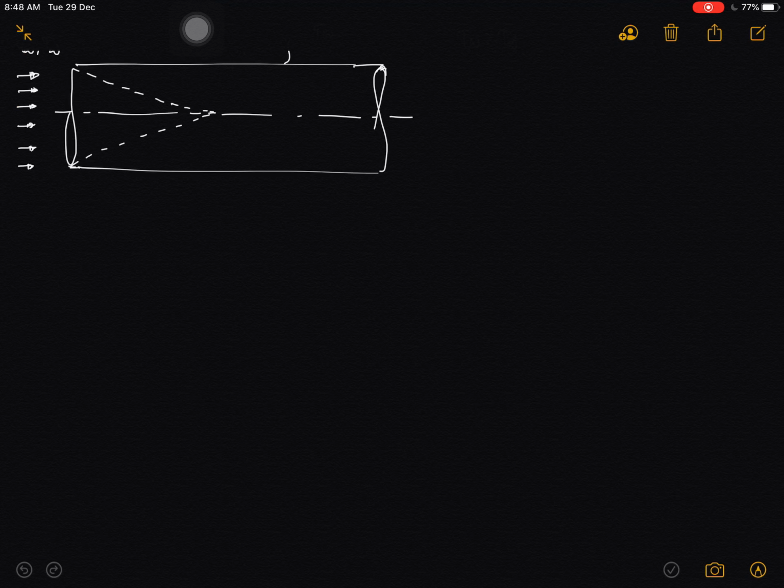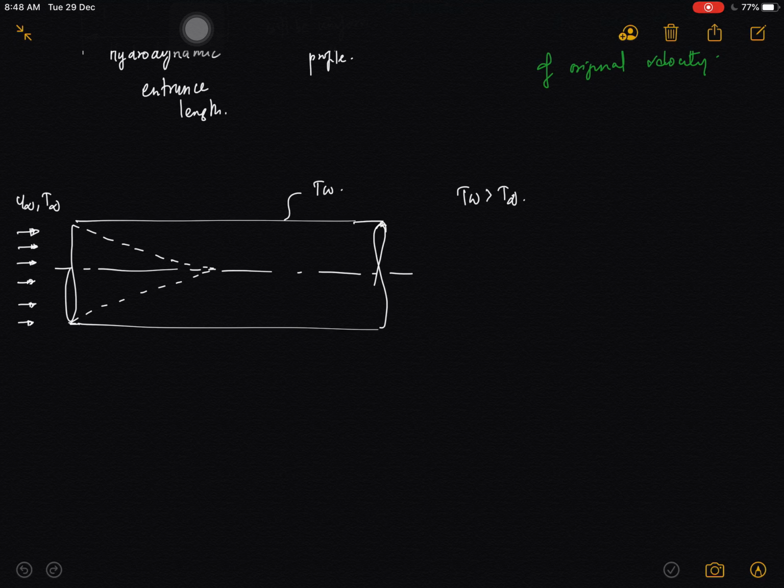At the entry region there will be a small temperature variation like this, and here the temperature will be constant, that is T infinity, and here also the T value will change. Okay, so this will be the temperature profile at the entrance or just after the entrance.